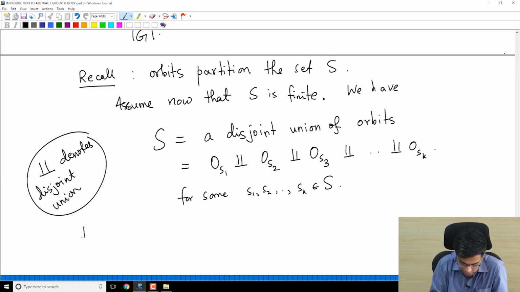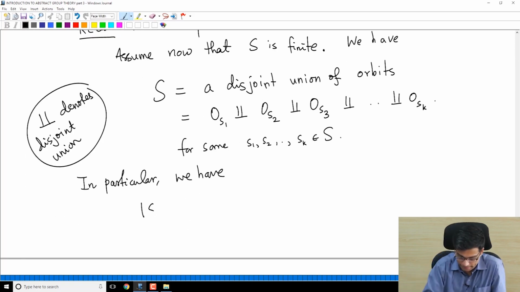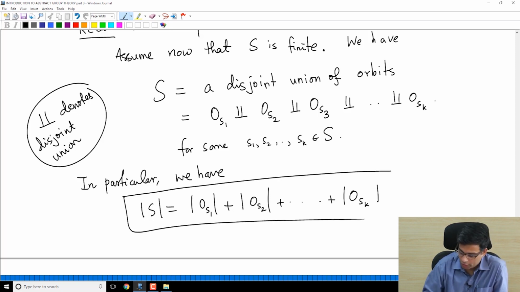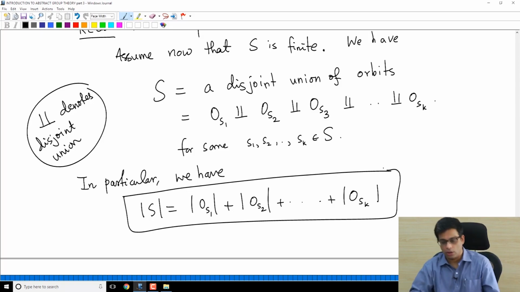So in particular we have that the order of the set S is equal to the order of orbit of s1 plus orbit of s2 up to orbit of sk. This is another important counting formula, also related to the counting formula.